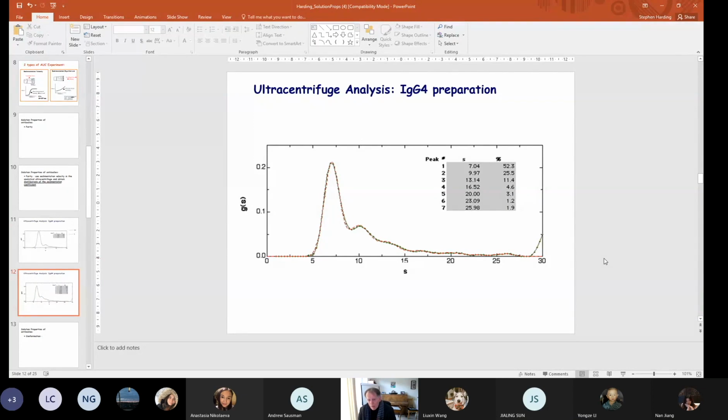And the reason why the industry likes it is that there are alternative methods for getting aggregation. There's a technique known as gel chromatography or gel filtration chromatography, which involves putting your solution down a gel permeation or size exclusion chromatography column.